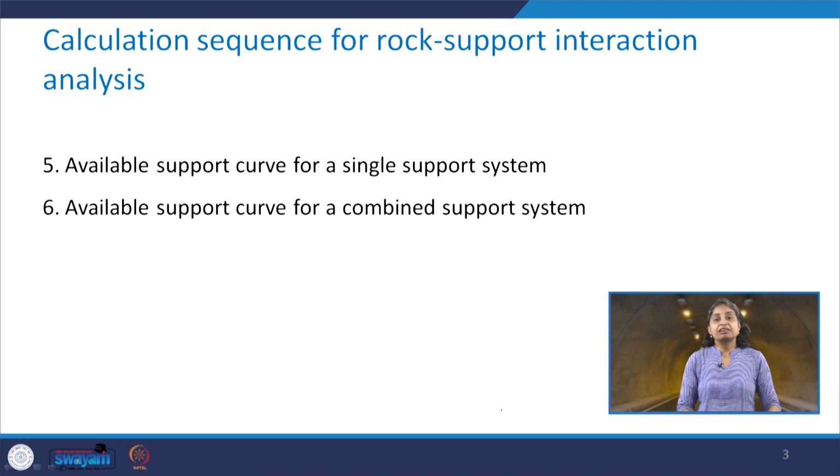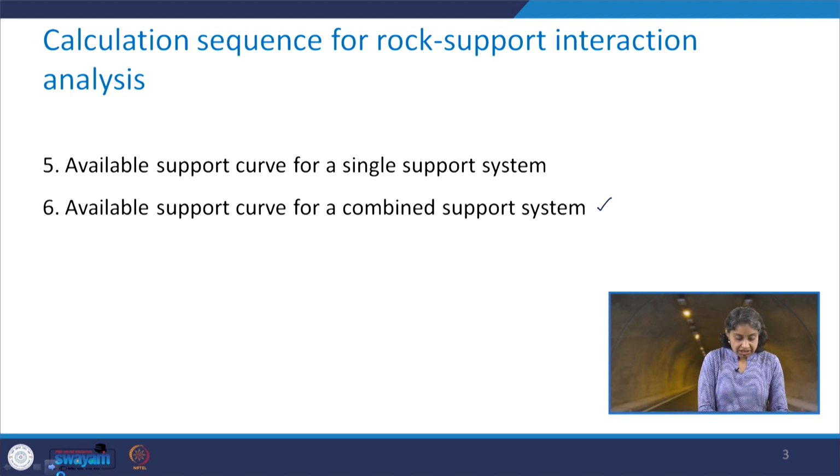And in case the requirement is such that more than one type of support system is needed for a single application, then we should know how to determine the available support curve for such a case. So, here we will be taking up the available support curve for a combined support system.